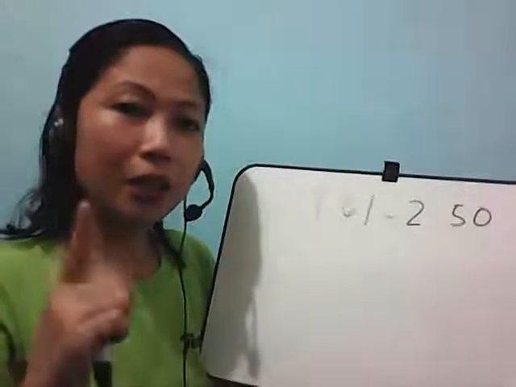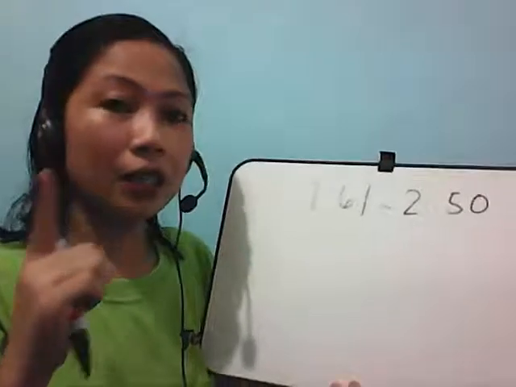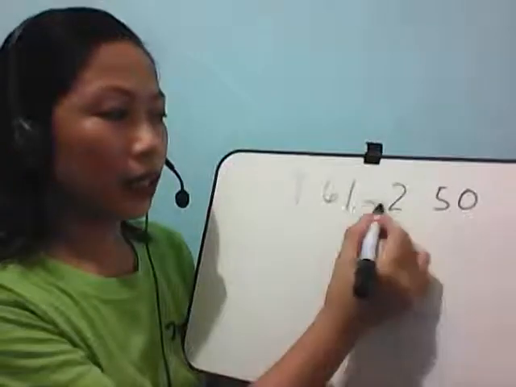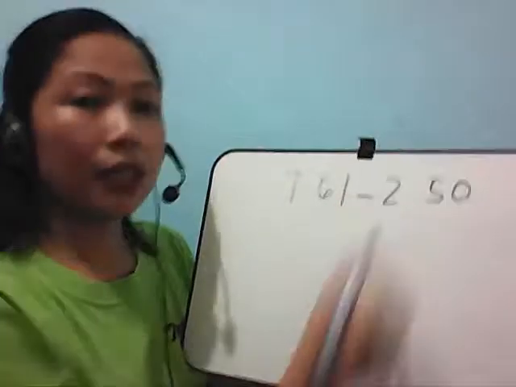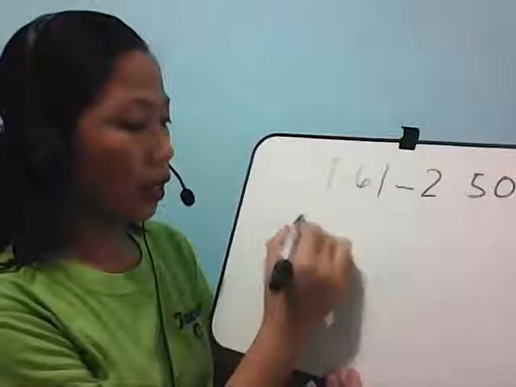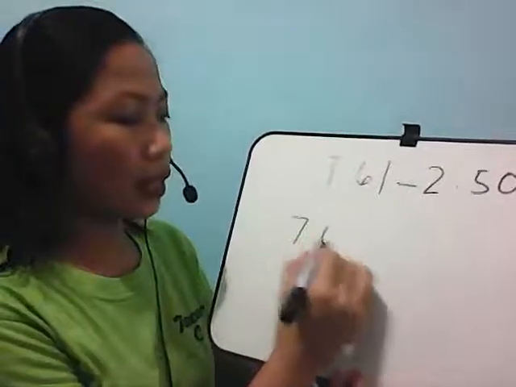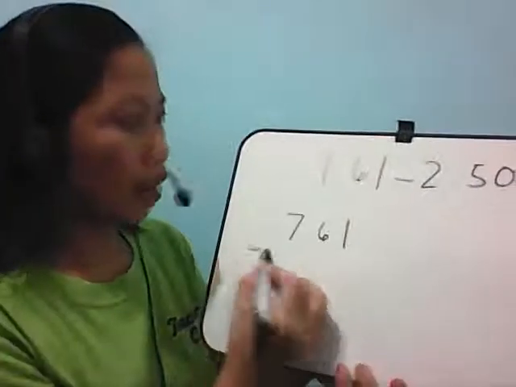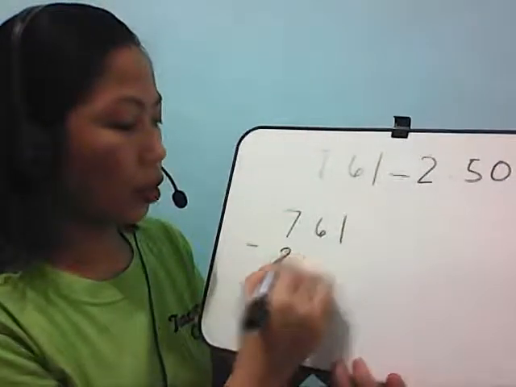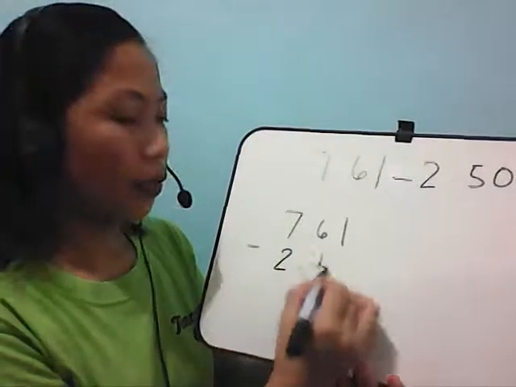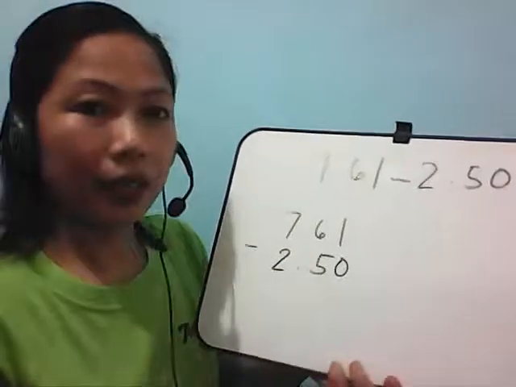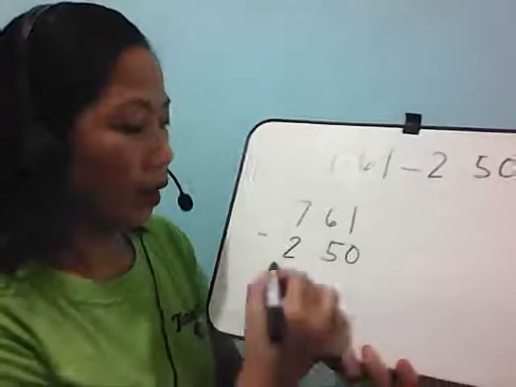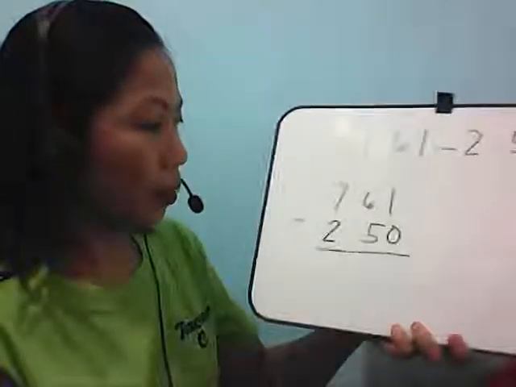Again, the first step in subtracting decimals, we need to rearrange this kasi hindi siya naka-arrange in column. Okay, let's do this. 7 and 61 hundredths minus, okay, 2 and 50 hundredths.